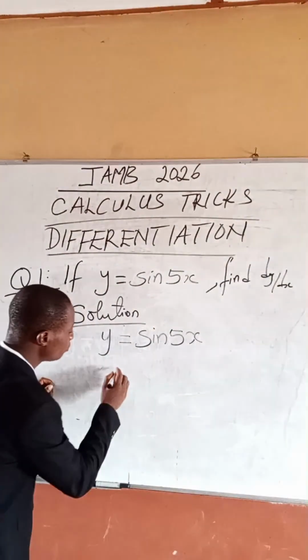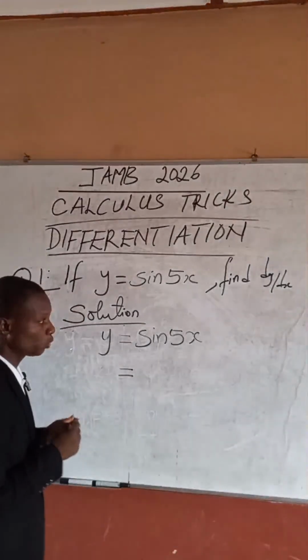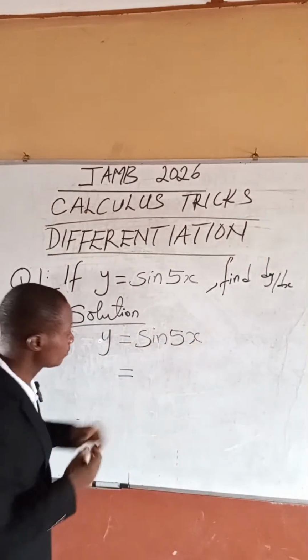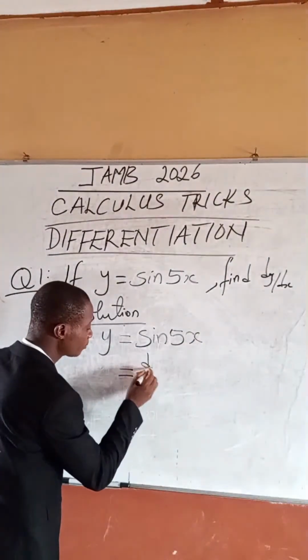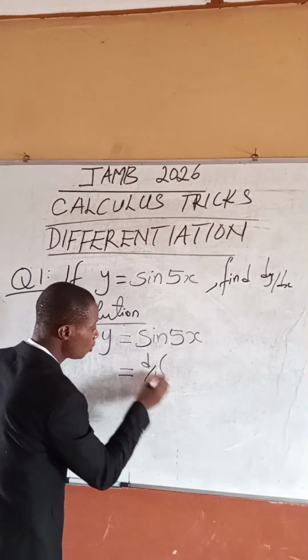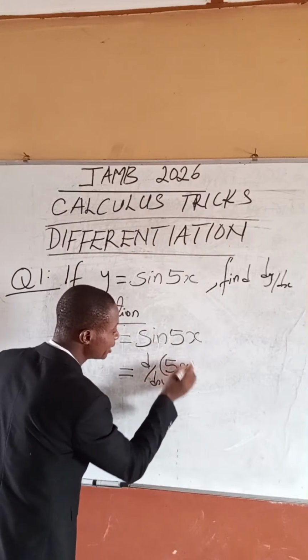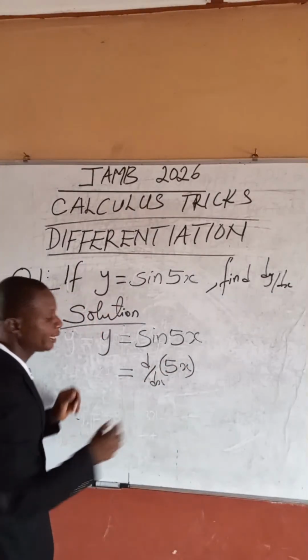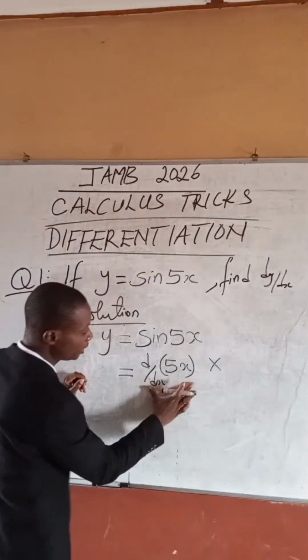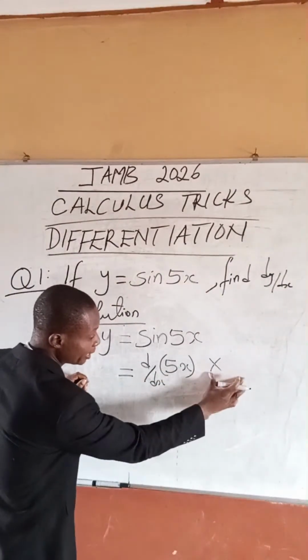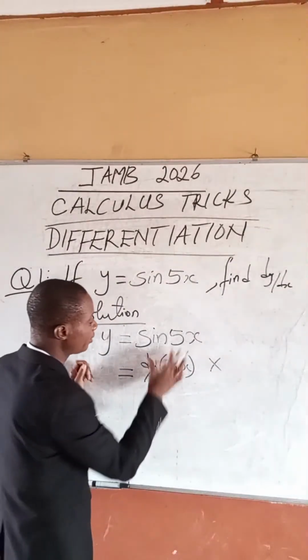The differential value is going to be the same thing with the previous one. Differentiate this, so we have d dx of 5x. So write 5x inside the brackets. Then multiply. This does not affect this, okay? They are separated, okay, before multiplying together.